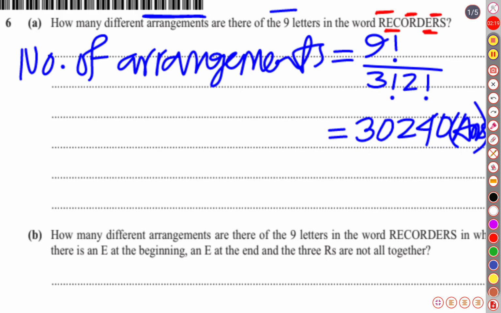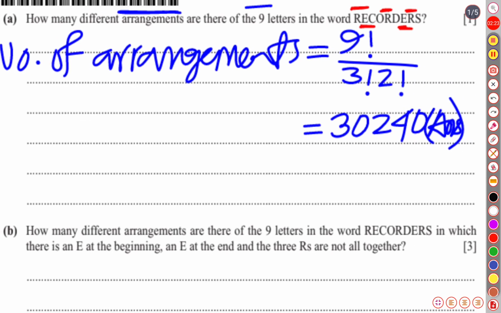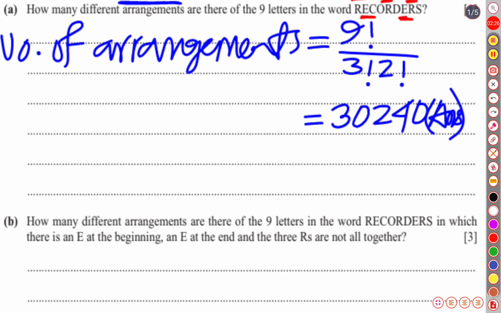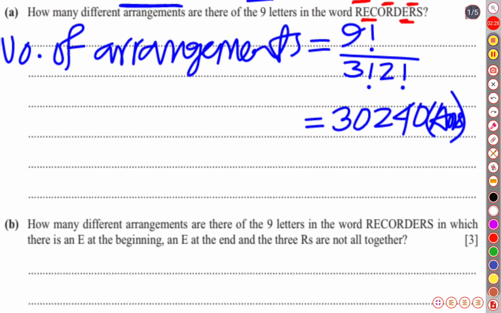Then the immediate next question says, how many different arrangements are there of the 9 letters in the word recorders in which there is an E at the beginning, an E at the end, and the 3 R's are not all together. So this is the clue word of this question.